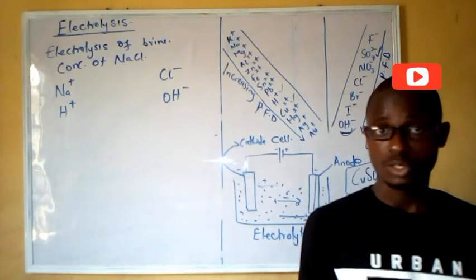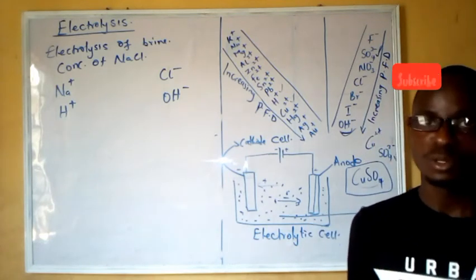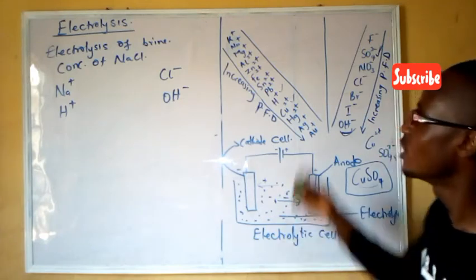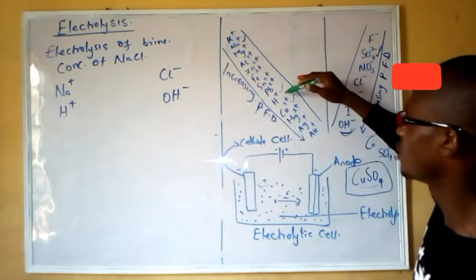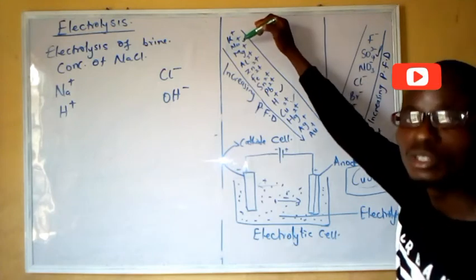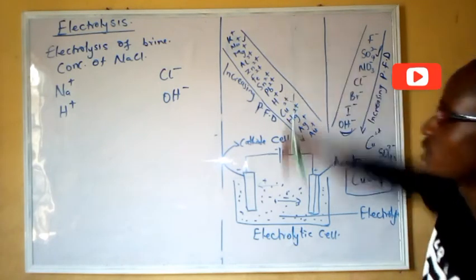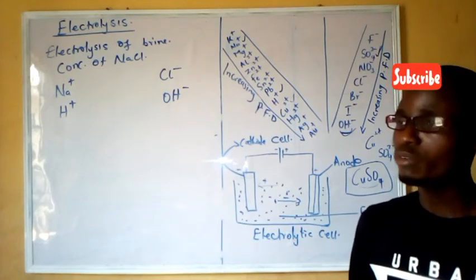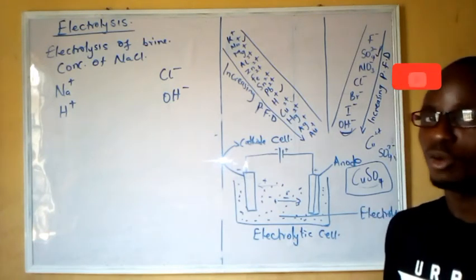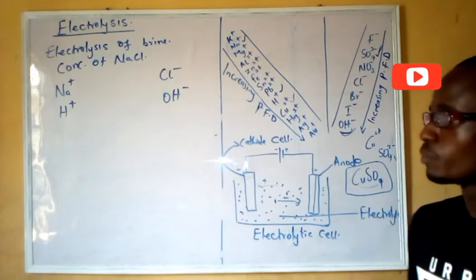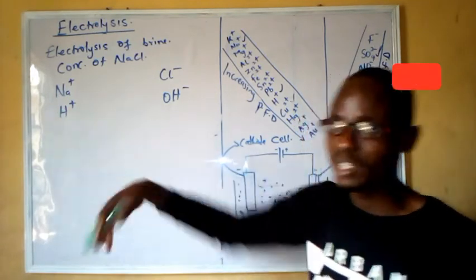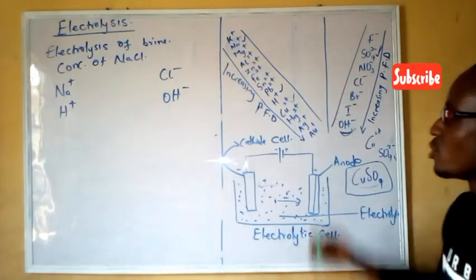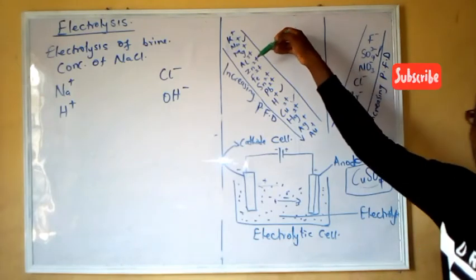Irrespective of the concentration of sodium, here the concentration of the ion does not even matter. Why? Because the gap between hydrogen and sodium ion in the electrochemical series is too high and they are very far from each other. So the concentration of sodium does not have any effect on the preference for discharge at this point.